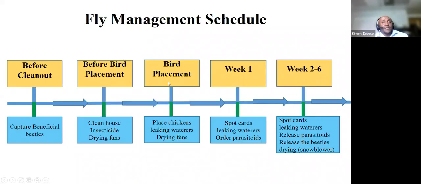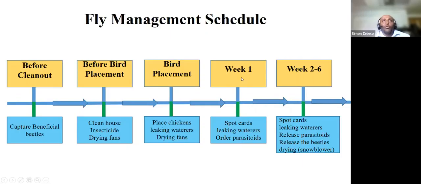Then bird placement: place chickens. Check for leaking waterers, because when you place chickens, the waterers might be distorted or broken, so it's better to revisit and check for leaking waterers, and also turn on the drying fans after bird placement.